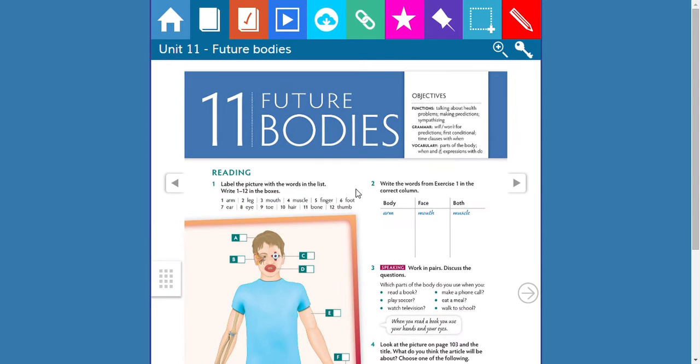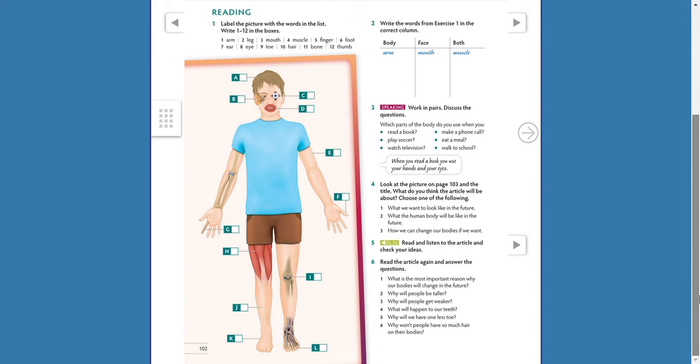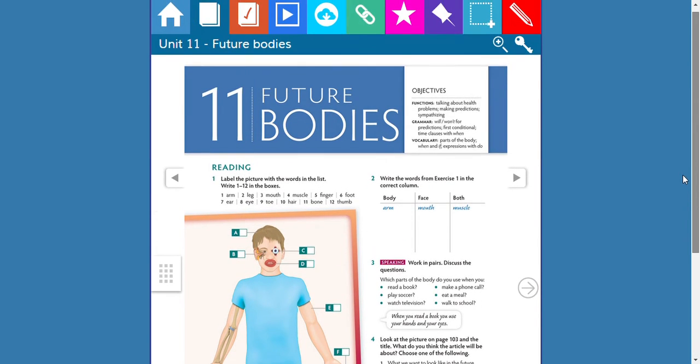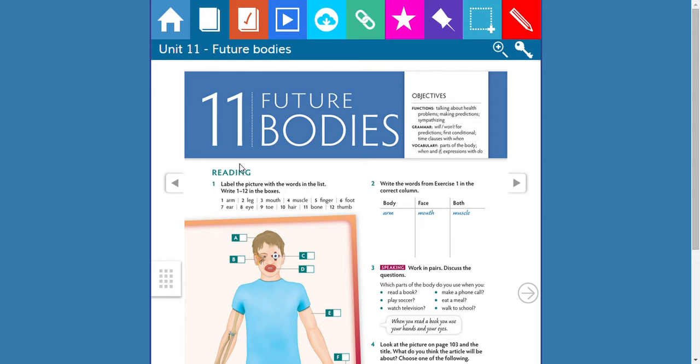Well, so our first topic is talking about health problems, no? And the vocabulary part of the body. So here I have this page 102, and here I have the first activity, which is reading. Label the picture with the words in the list.